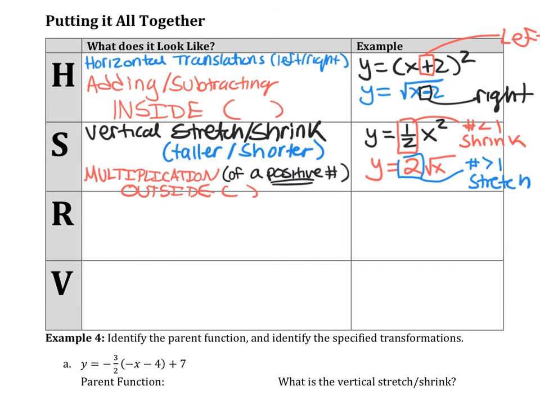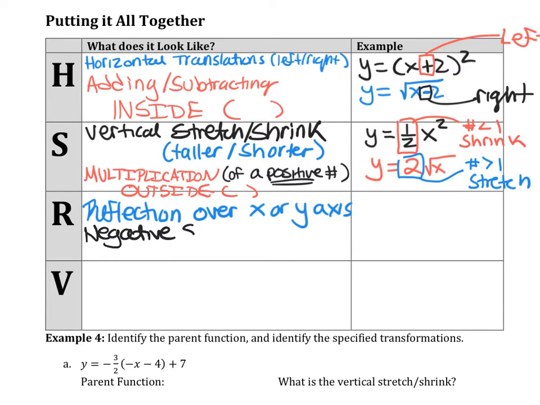Okay, and then R is for reflections, where we flip over either the X or Y axis. And how we identify reflections in an equation is by negative signs. Just a negative sign. If it's in front of a number, that number would be with the stretches and shrinks. The reflection is just the negative sign. And we can have negative signs inside or outside.